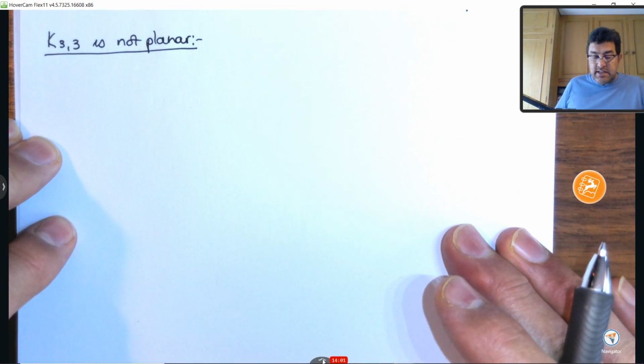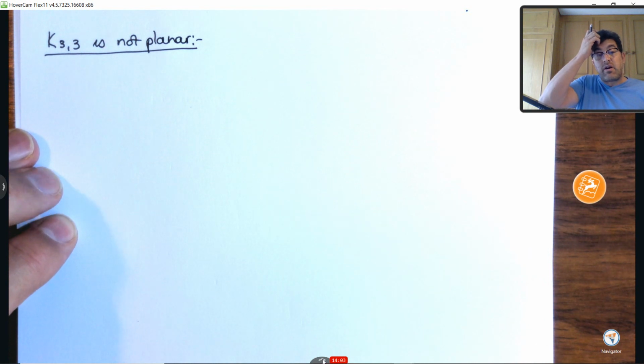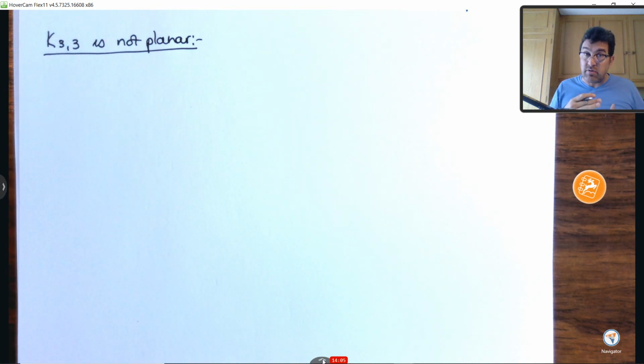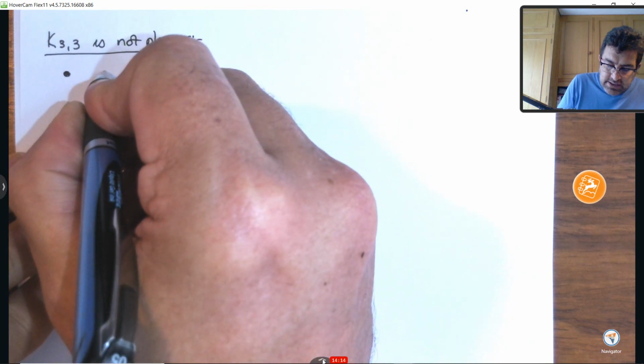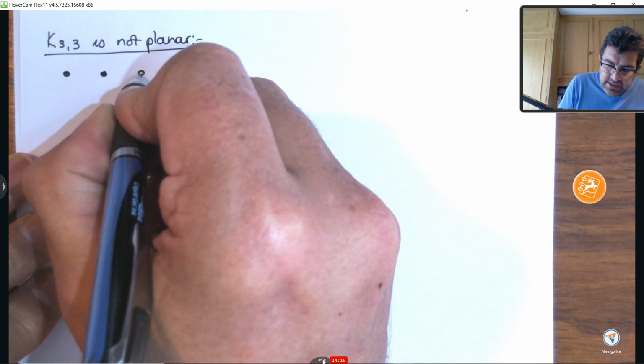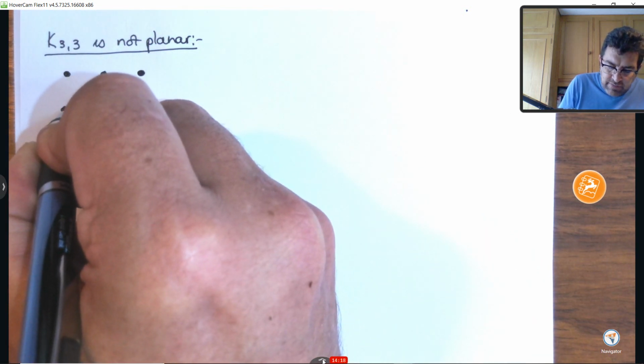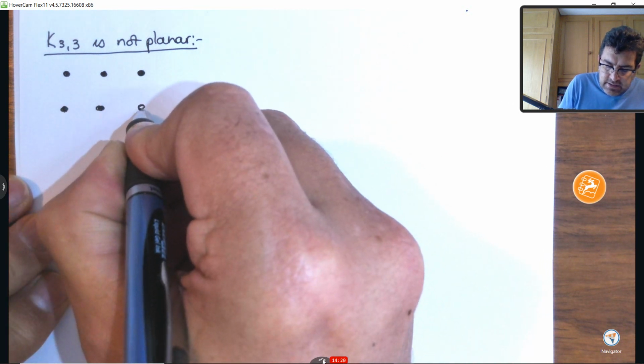Let's remember the K3,3 graph means it's a bipartite graph with 2 sets of vertices. It's a connected graph with 2 sets of vertices, a complete bipartite graph. So let's draw that graph and see what it looks like.